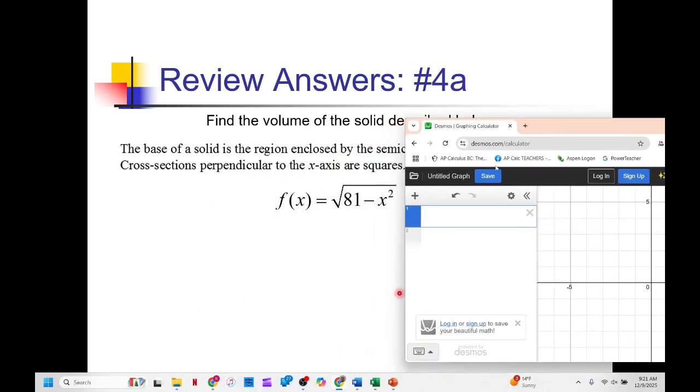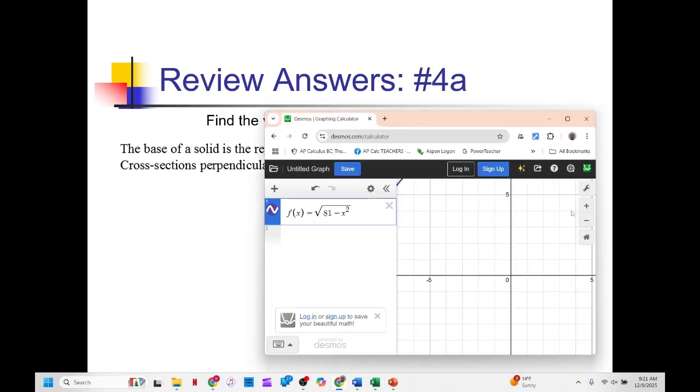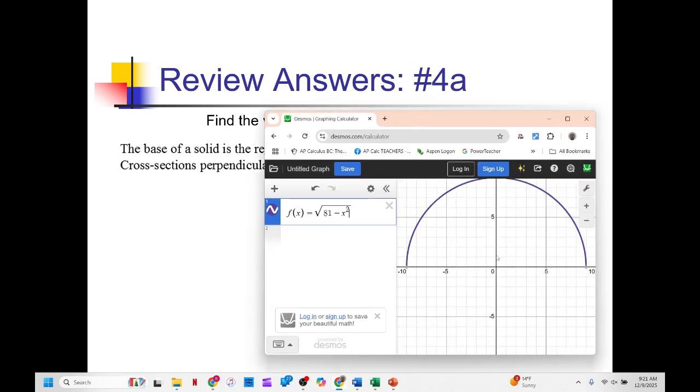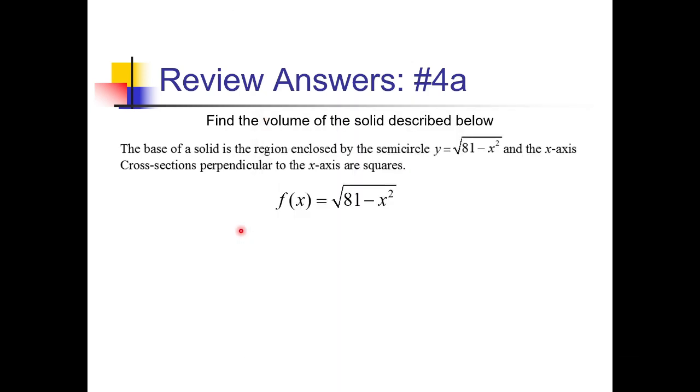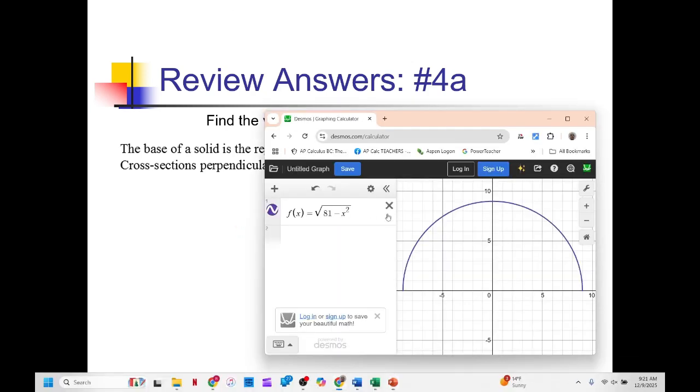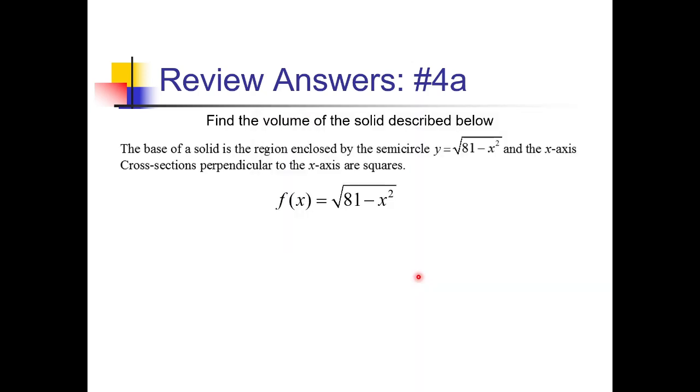Going to Desmos, let's plug this in: f of x equals square root 81 minus x squared. I might need to zoom out a little bit. There we go, so we've got this semicircle. We're going left to right, and they said the cross sections were squares, so we have these squares growing out of here. Let me get an area formula for those squares.